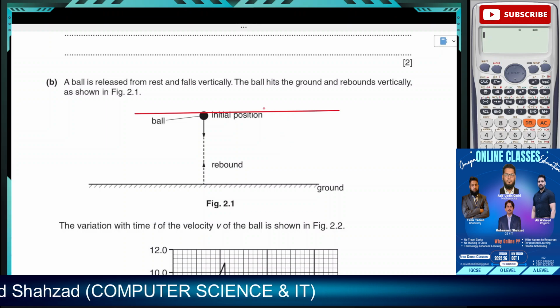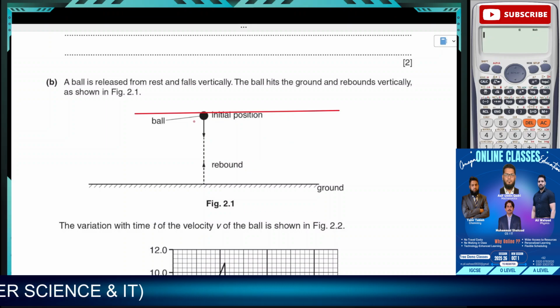So if the object is on one side of this reference point or reference line, displacement would be positive. If it's on the other side, displacement would be negative. Likewise, if the direction of motion is on one side, the velocity would be positive. If the direction of motion is reversed, the velocity would be negative.